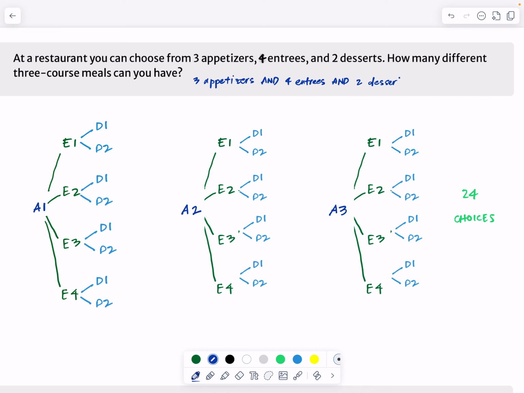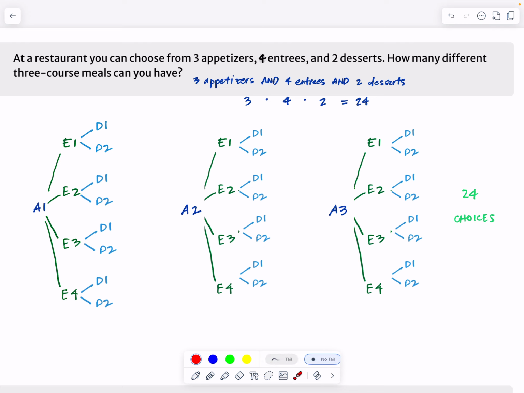And we've talked about how the word and is a clue word for multiplication when we're talking about counting and probability. So in this case, we're going to take the number of choices or the number of options for each of these categories. We're going to multiply them all together, and 3 times 4 times 2 is another way of getting 24 different combinations or 24 different ways of choosing an appetizer, an entree, and a dessert.